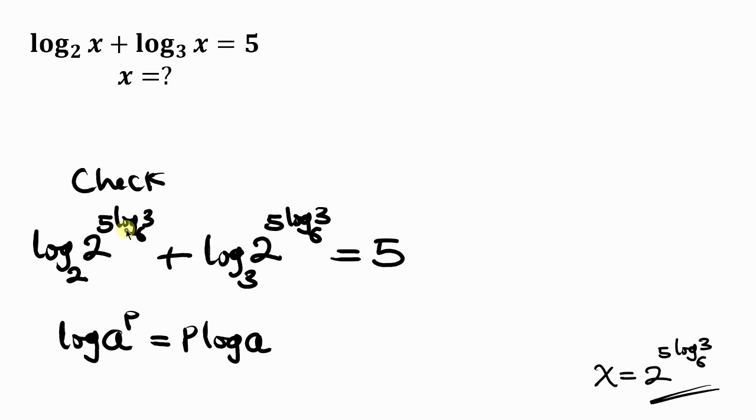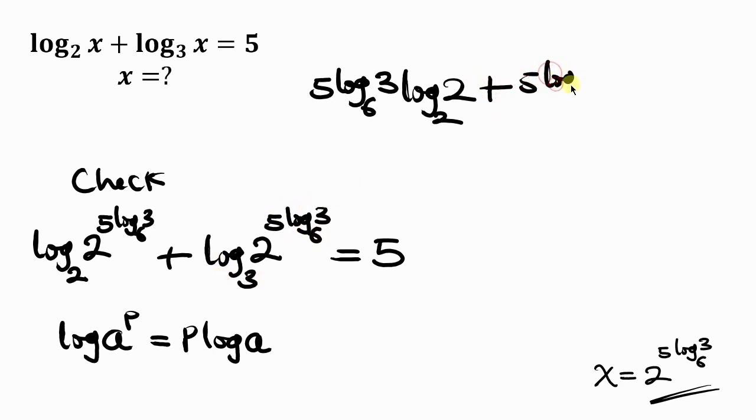So now this expression becomes 5 times log base 6 of 3, which is the power, times log base 2 of 2. Plus, we do the same thing here. We write the power, which is 5 times log base 6 of 3 times log base 3 of 2. So this is equal to 5.